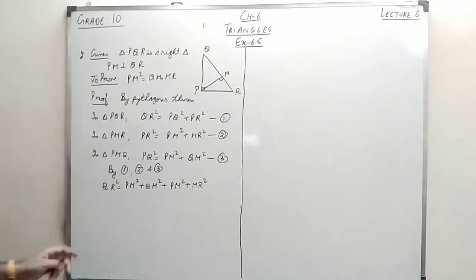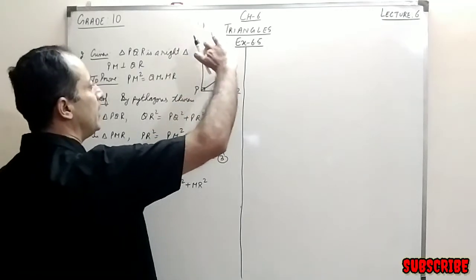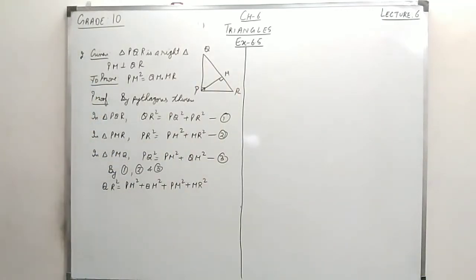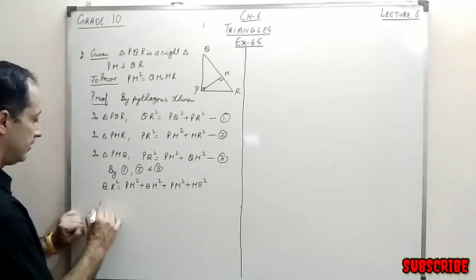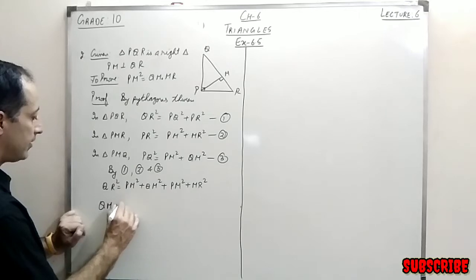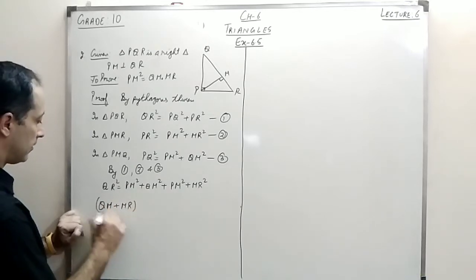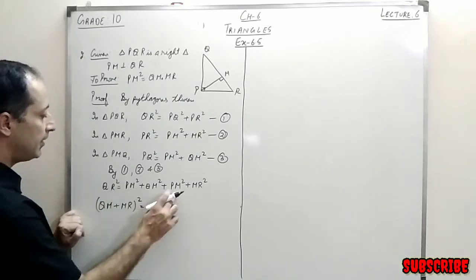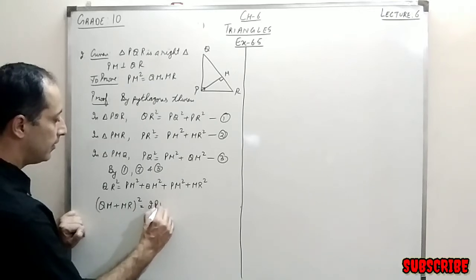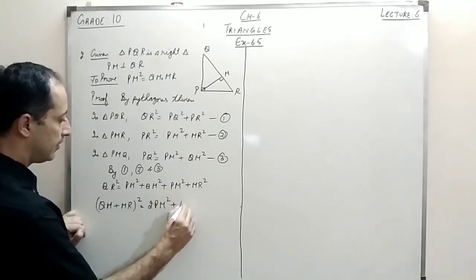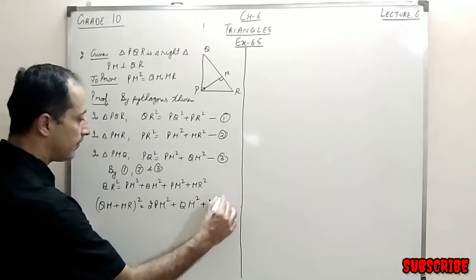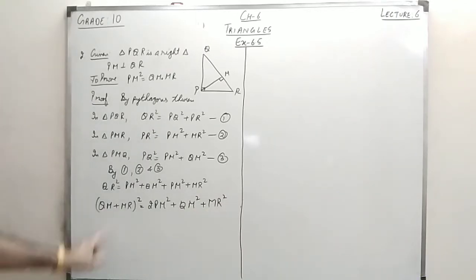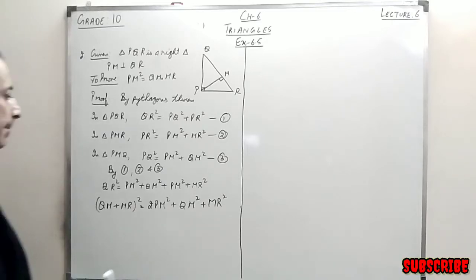This QR can be written in the form of sum of QM plus MR. So on the left side, this is QM plus MR whole square. This PM and this PM becomes 2PM square plus QM square plus MR square.